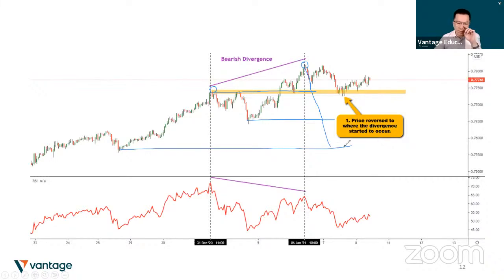It's not always the case, right? You always want to let it come towards a support level first, see what happens, whether it's going to break or not. If it doesn't, it's going to go up. If it breaks, then you look for that next move towards the downside.